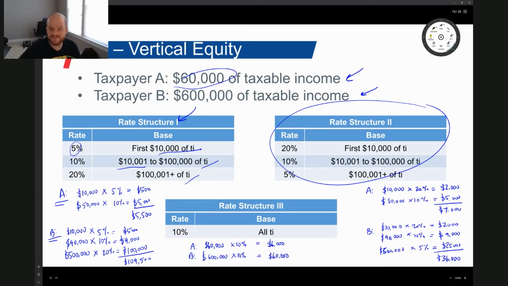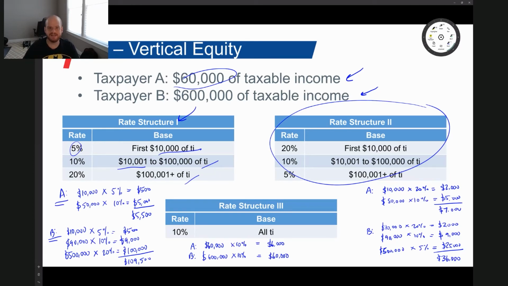So at face value, all three of these tax systems seem to be vertically equitable. However, we're going to talk about a few concepts that are going to add a bit more nuance to this picture. I mean, tax rate structure 1 and tax rate structure 2 are both vertically equitable in that taxpayer B is paying more than taxpayer A.